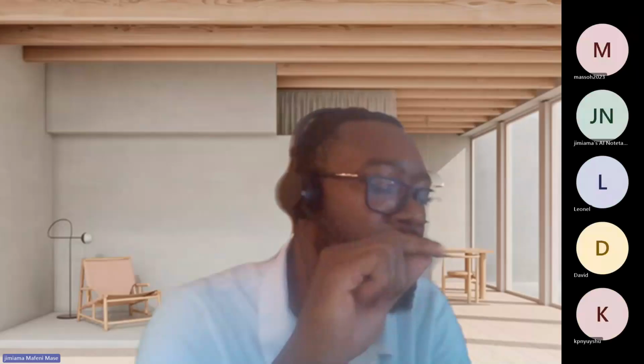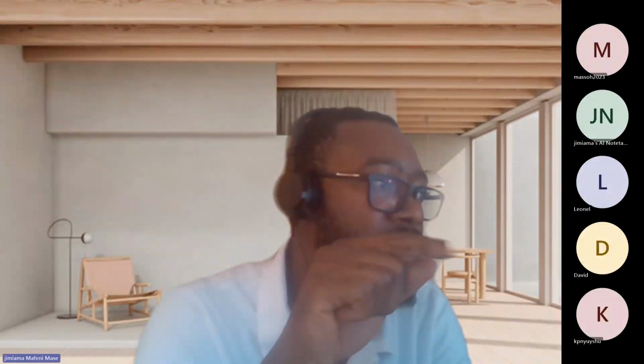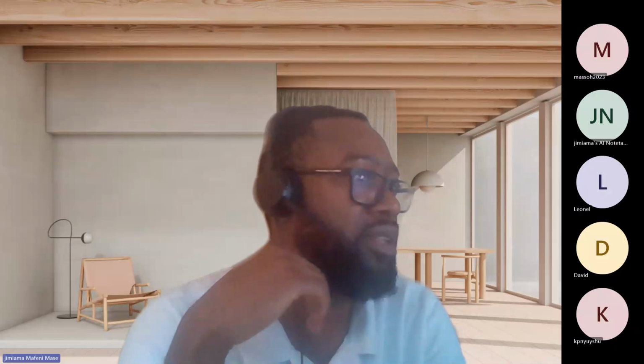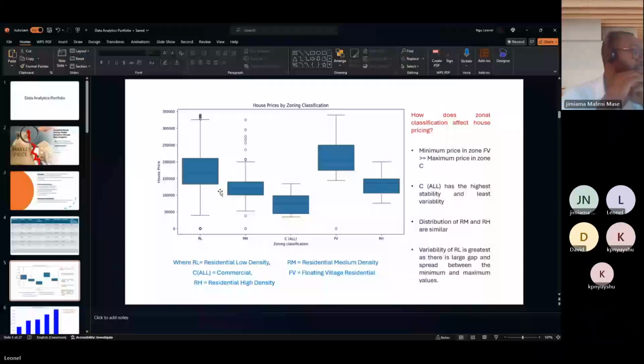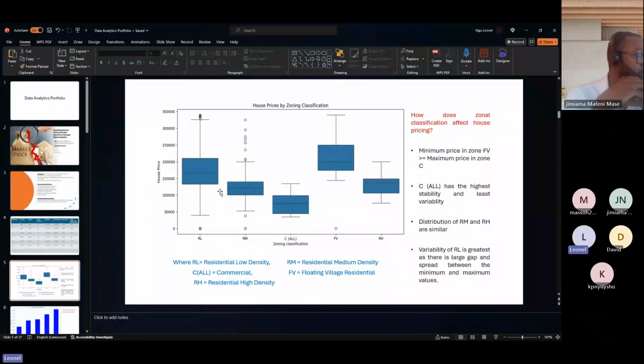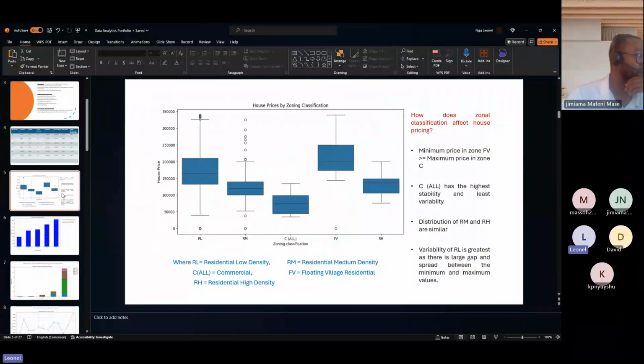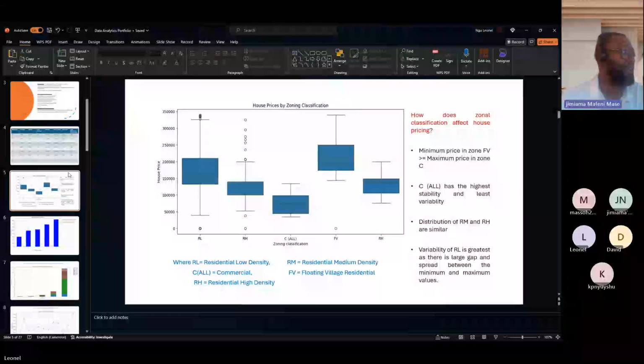Let's just keep it like this. Can you see the box plot now? Yes, we can see. Try to go to the next slide. Yes, we can see the next slide. I hope you can still see what is written on the slides. Yes, everything is very clear.